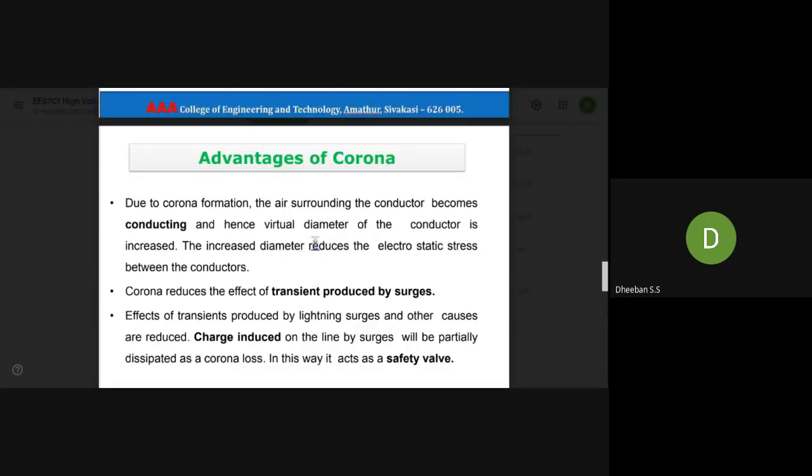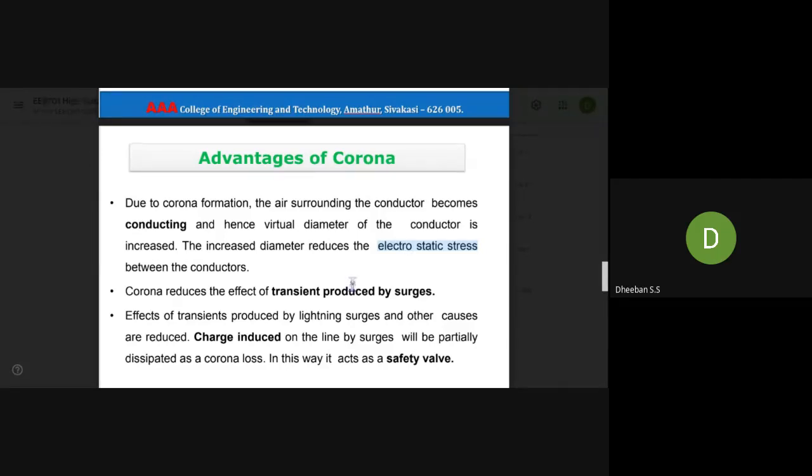It reduces the electrostatic stress. If the conducting area increases, the stress between the conductors decreases, because the current can flow very easily without any interruption, over more surface area if the diameter increases.